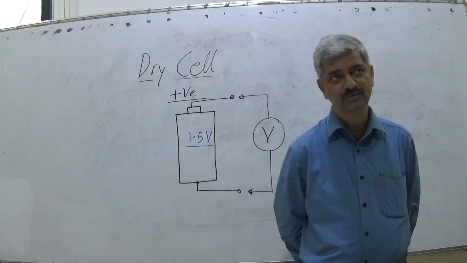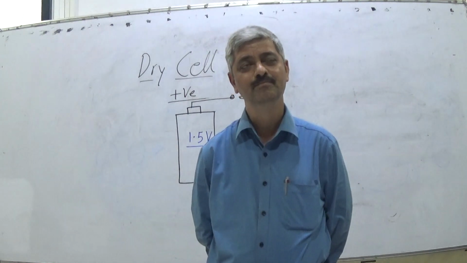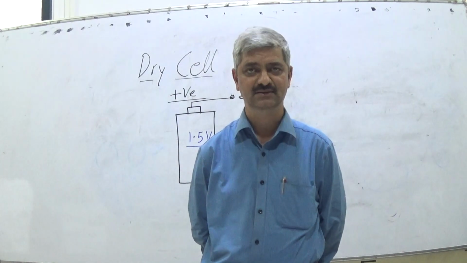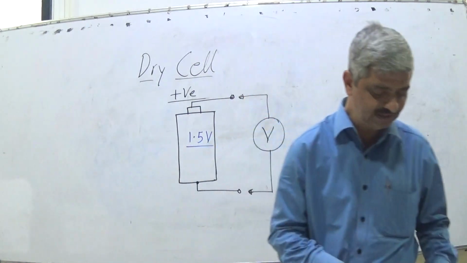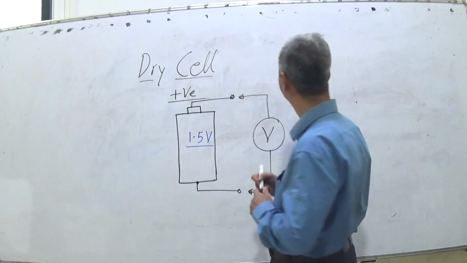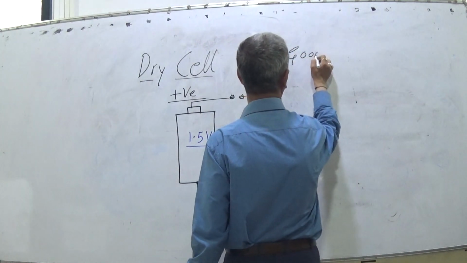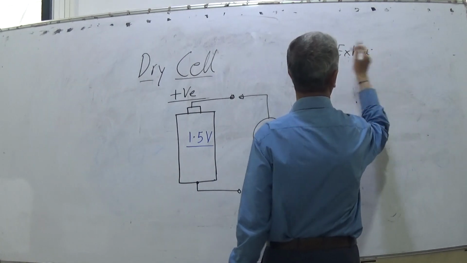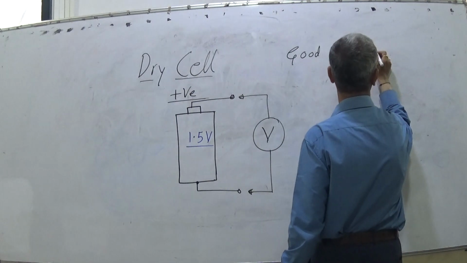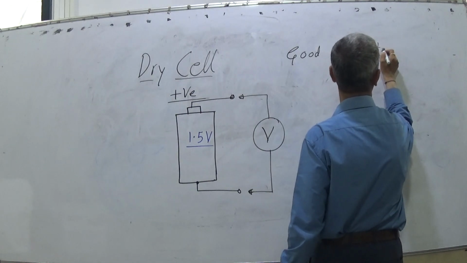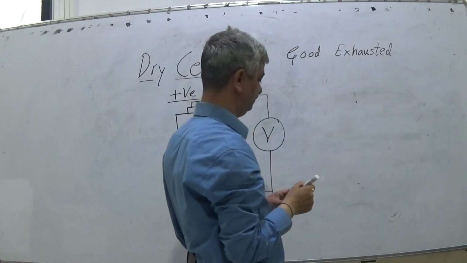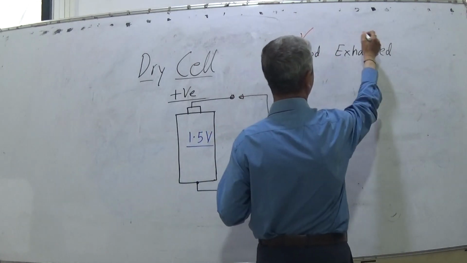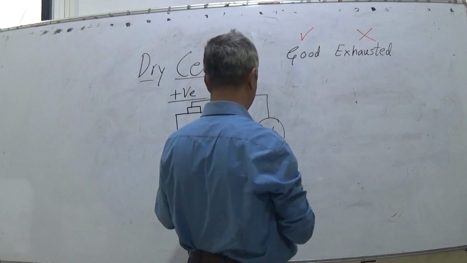Now, a brute force answer without much deeper thinking would be: a good battery cell and an exhausted battery cell, what should be the reading of the voltmeter?